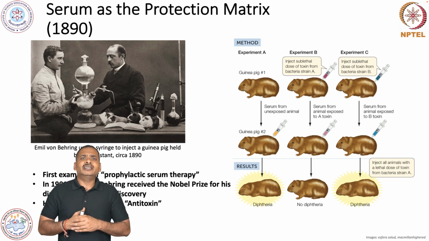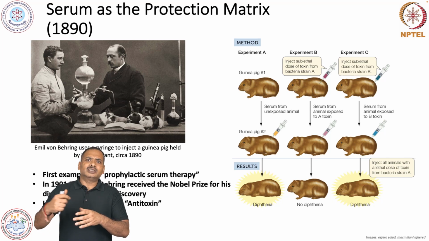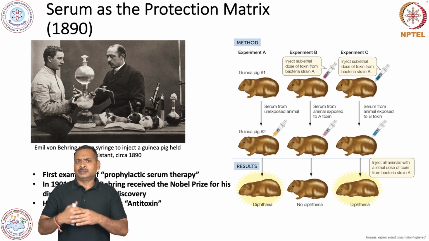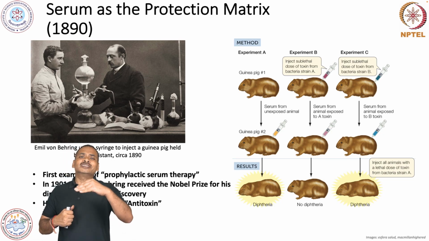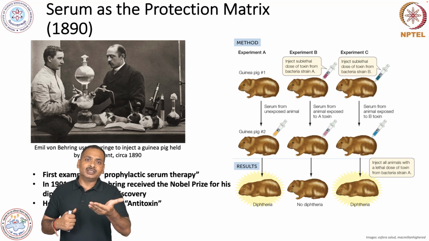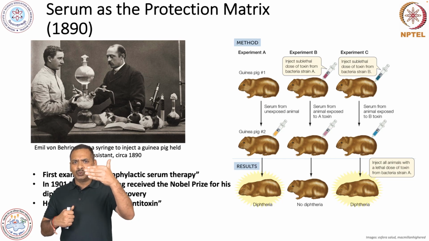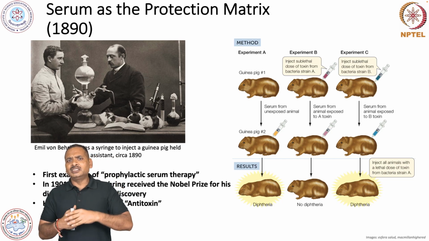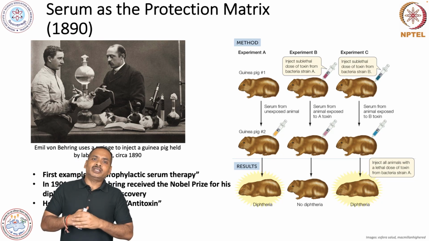Then they challenged all these three groups of guinea pig with the lethal dose of toxin A, and they observed that the guinea pigs which received the serum from the animals challenged by the sublethal dose of toxin A got protected, but not the others.